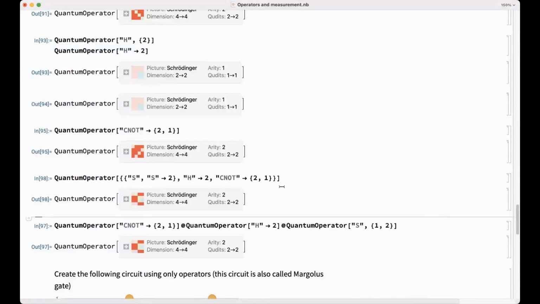So again, I fully understand you may feel, okay, why do people do it like this, and why is this circuit written left to right? But when we apply a composition of functions, if you look at line 97, it's clear that first you're applying S, then H, then C naught.